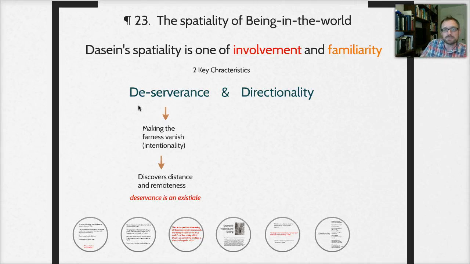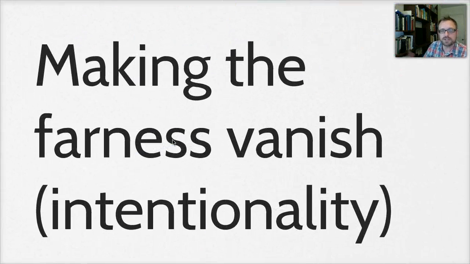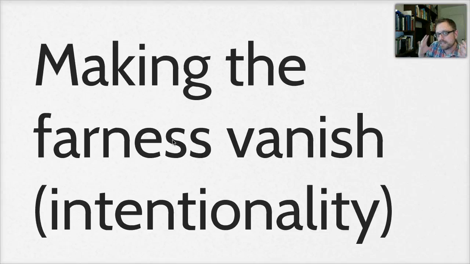To sever means to break apart, right? So to dissever means to bring together. Or as he puts it, it means to make the farness vanish. Now, I put intentionality here. Heidegger doesn't use that term, and he doesn't even reference it. But think about intentionality here, and think about when I direct my consciousness towards the cup, right? The farness of the cup, the cup becomes closer to me in terms of my involvement, right?